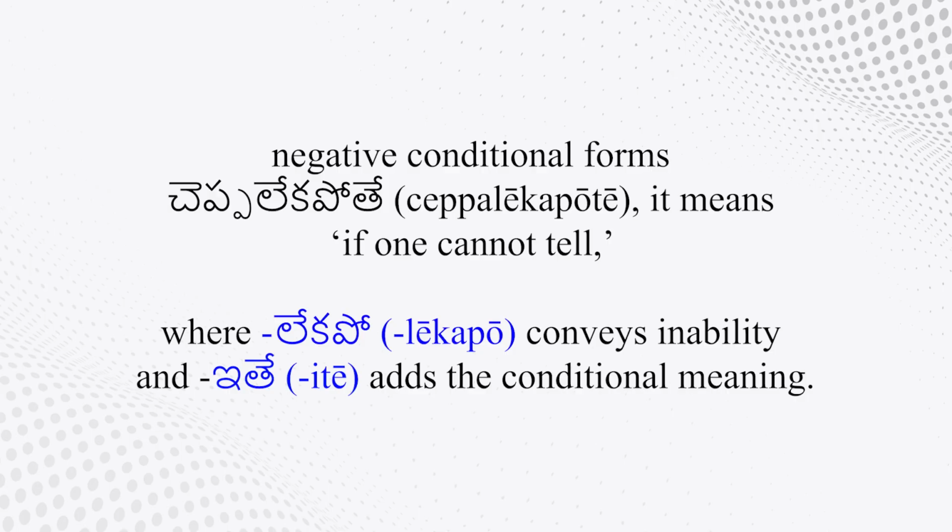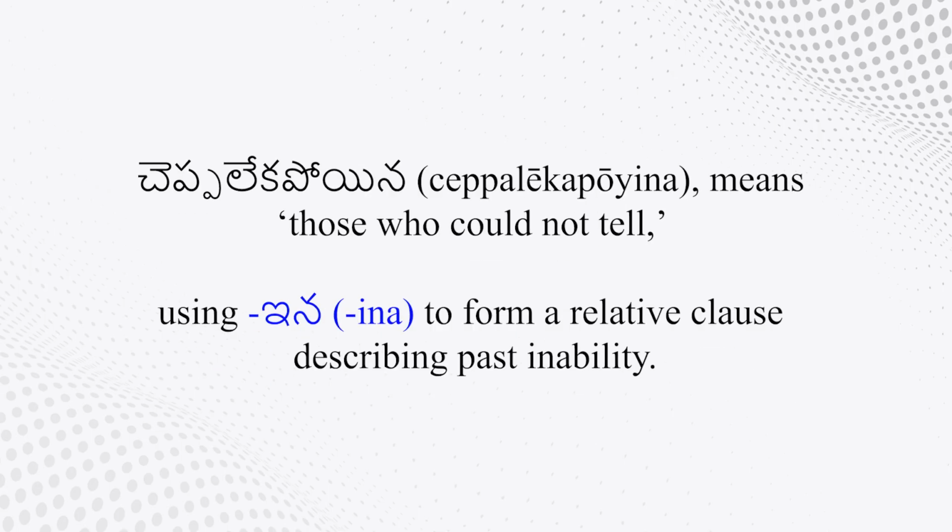For negative conditional forms, చెప్పలేకపోతే means if one cannot tell, where లేకపో conveys inability and ite adds the conditional meaning. Another negative form, చెప్పలేకపోయినా, means those who could not tell, using ina to form a relative clause describing past inability.